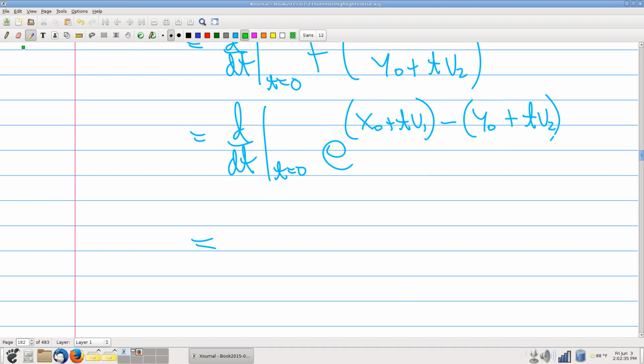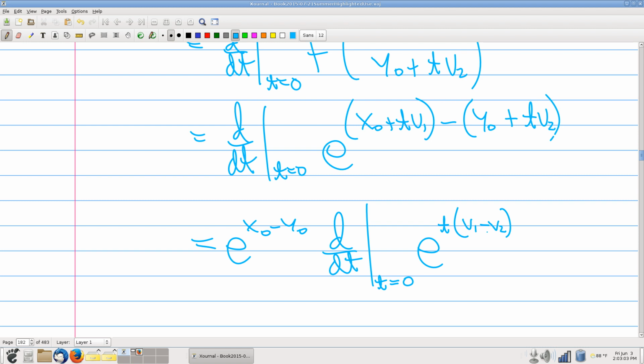So let me rewrite those as e to the x naught minus y naught, and then I have d/dt. Let's see what's left over. Well, there's tv1 and then minus tv2, so let me rewrite that as e to the t(v1 minus v2). So a little bit of algebra there, but is that algebra all okay for everybody?